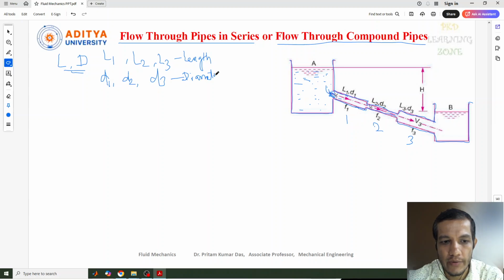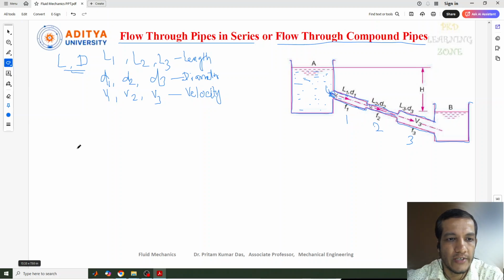Along with this, we can also write the velocities in each pipe: V1, V2, V3. Next, we can consider f1, f2, f3.